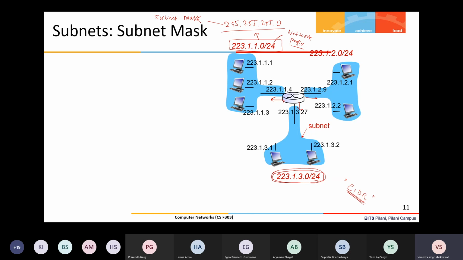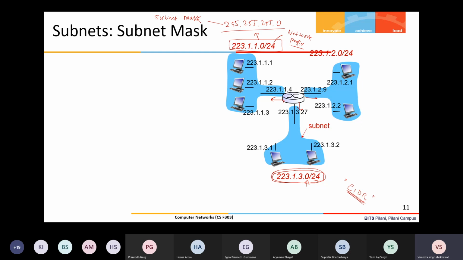It gives us 2-3 pieces of information. Again repeating: one is that it tells us this is a network address, and this network has 24 bits common in the addresses of all the machines connected to it, and 8 bits are used for the host, right?